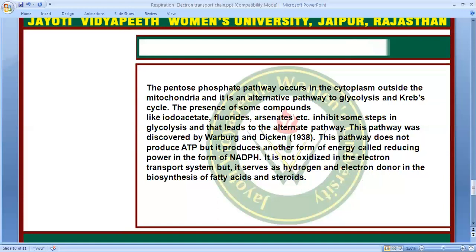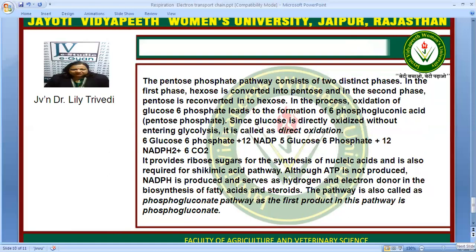This pathway does not produce ATP but produces another form of energy called reducing power in the form of NADPH. It is not oxidized in the electron transport system but serves as a hydrogen and electron donor in the biosynthesis of fatty acids and steroids. The pentose pathway consists of two distinct phases.